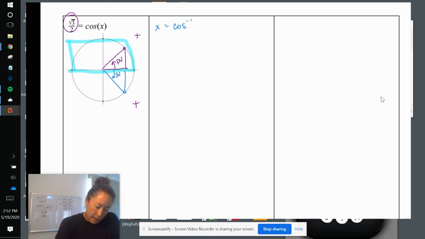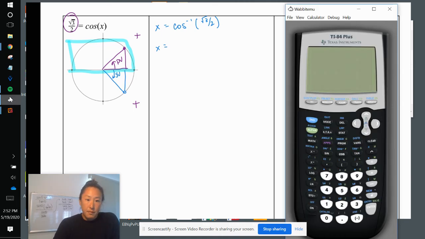So I'm isolating x, so I'm going to use cosine inverse of root 3 over 2. Grab your calculator. We'll just do it for funsies. Cosine inverse of square root 3 over 2. Oh, I broke it.